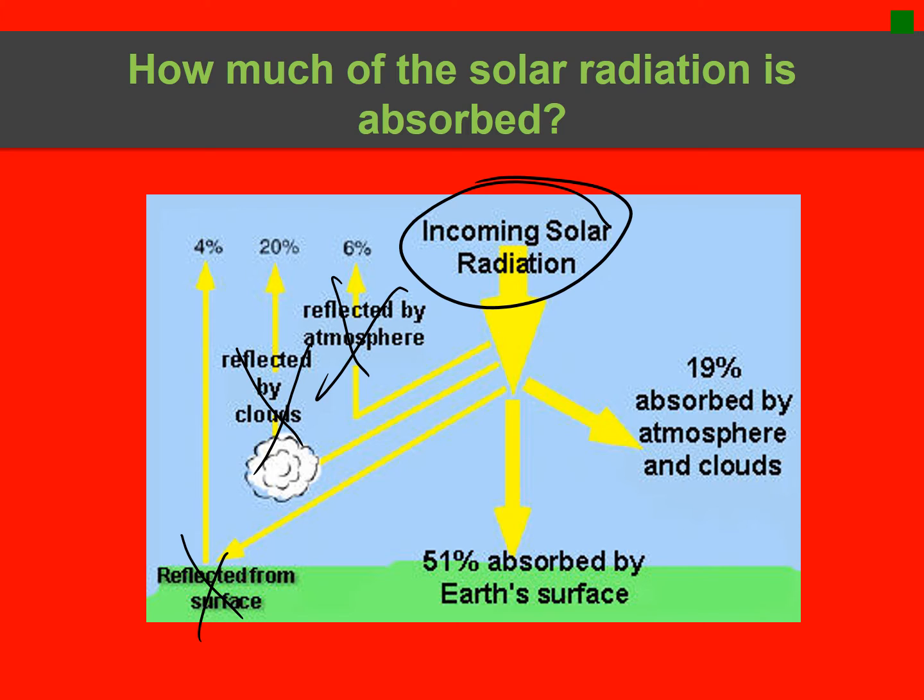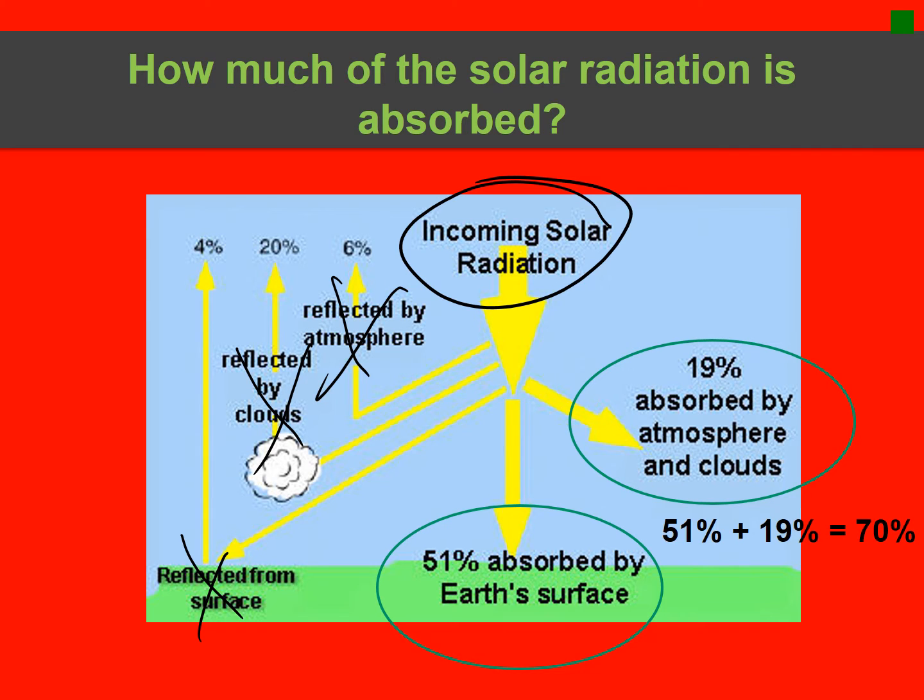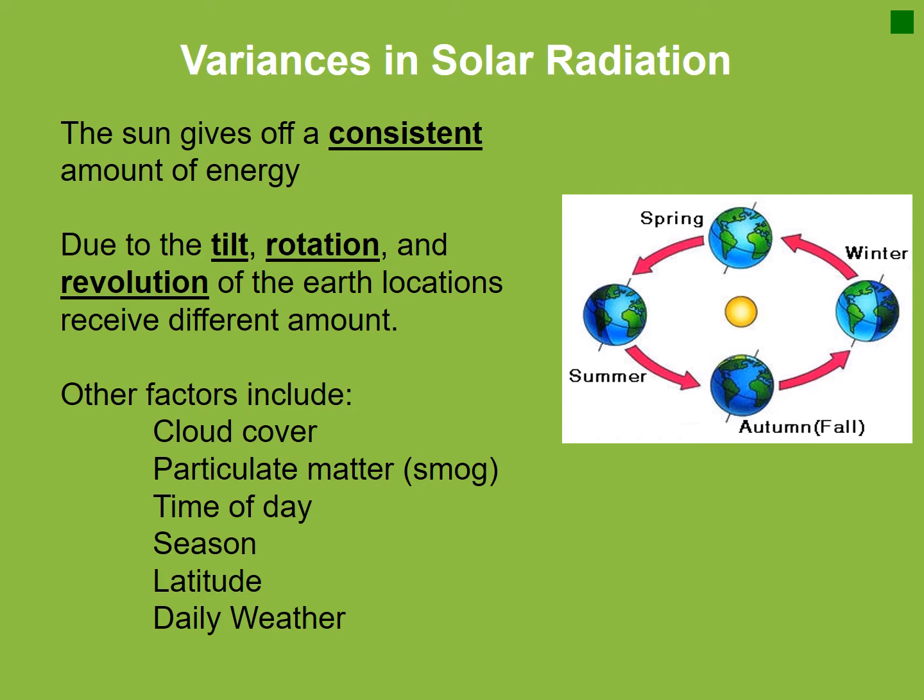So things are reflected by the surface, they're reflected by the clouds, they're reflected by the atmosphere. But which ones are absorbed? Well, we've got 19% that are absorbed by the atmosphere and clouds, and we have 51% that are absorbed by the Earth's surface itself. Okay, so add those up and you get 70%. So 70% of the sun's solar radiation is absorbed by the Earth.